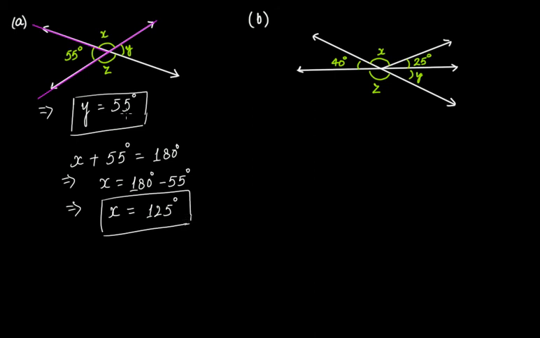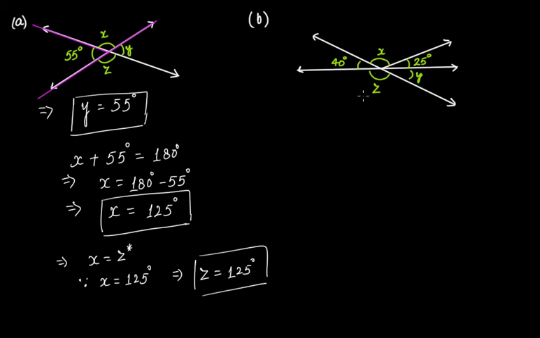Now we know that x is equal to z. Why? Vertically opposite angles. Since x is equal to 125 degree and x is equal to z, therefore z will also be equal to 125 degree.